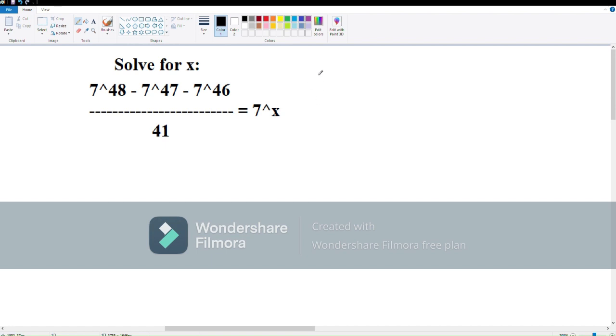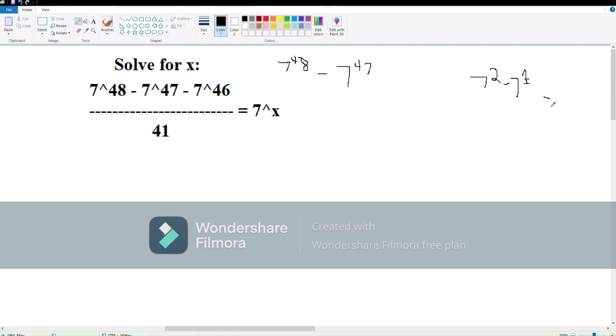So, we first approach this problem by saying, okay, how can I rewrite 7 to the 48th power minus 7 to the 47th power? Well, here's a fun fact. What is 7 squared minus 7 to the first?